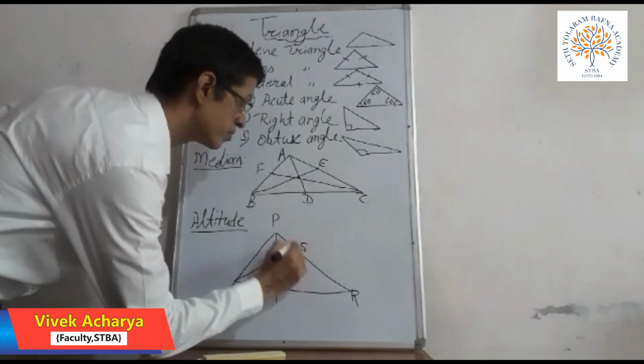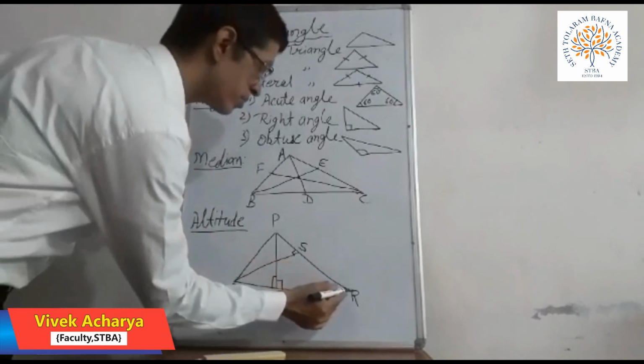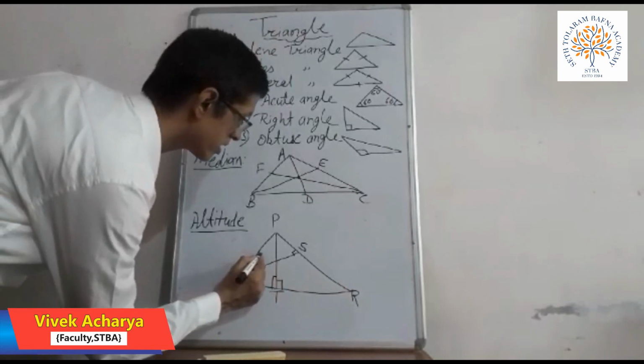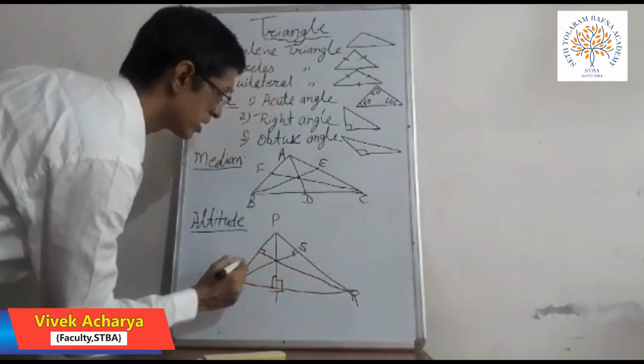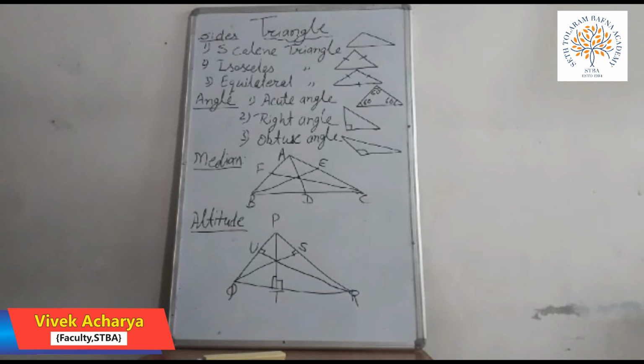It is QS. QS is perpendicular on PR, so it is another altitude. And if we draw another perpendicular from R to PQ, then we will get the third altitude. We can say it is RU. So children, we made three altitudes in this triangle, that is PT, QS and RU.